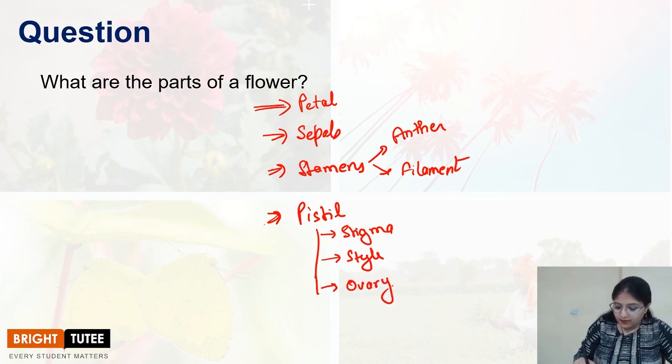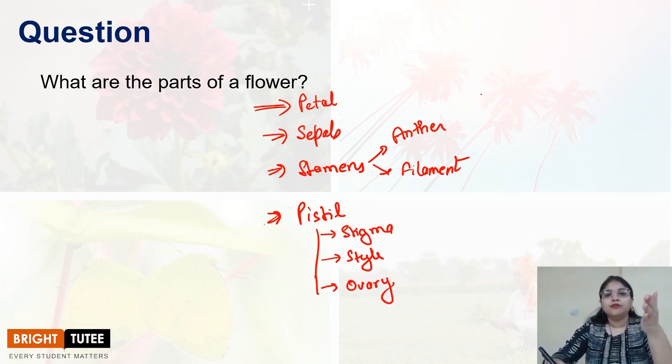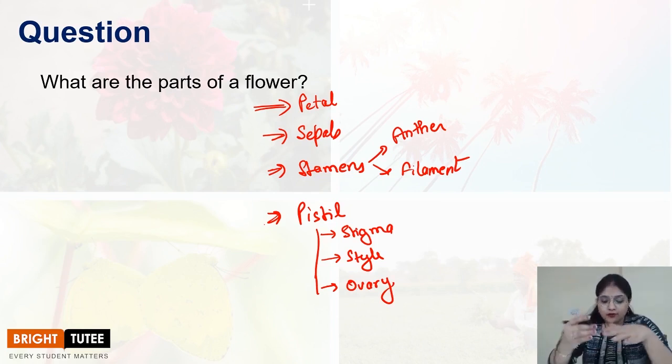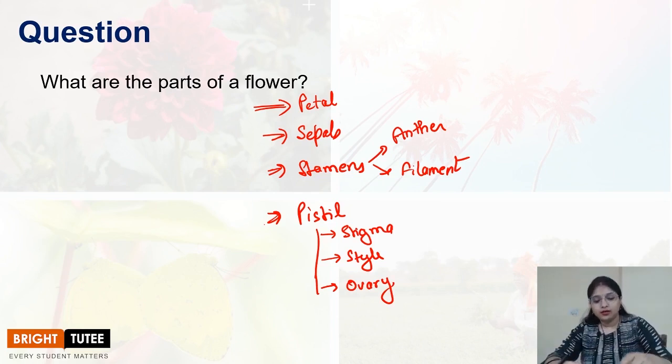So in this way we see that there are basically 4 different parts, and further within these parts there are different divisions. I hope you will remember the names of the different parts of a flower.